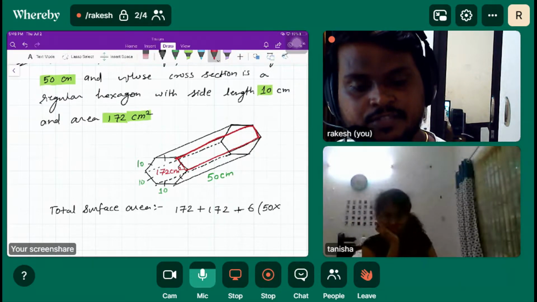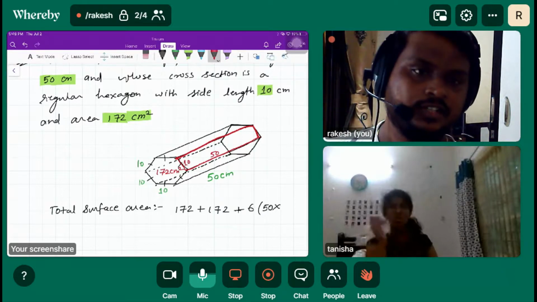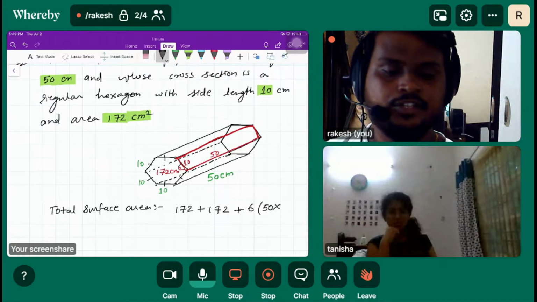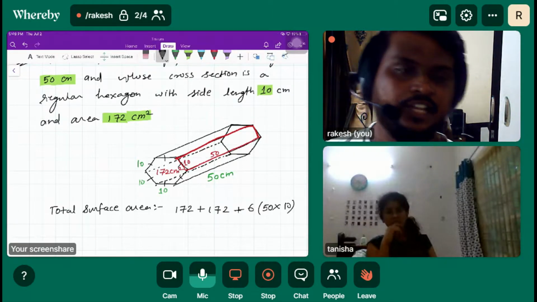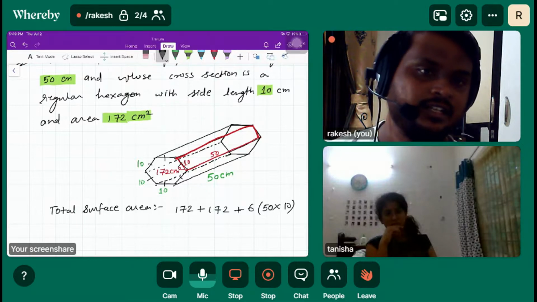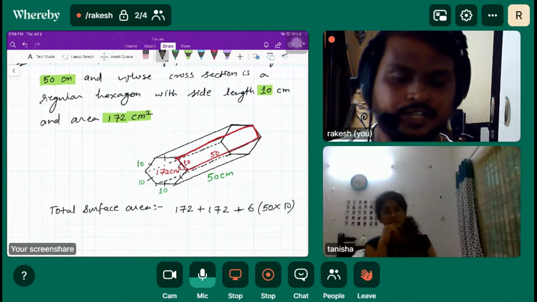The length is 50 centimeter and the breadth is 10, because each side of this regular hexagon is 10. So 10 into 50. Understood? That is the area of one rectangle. There are a total of 6 rectangles in this, so 6 into 50 into 10.